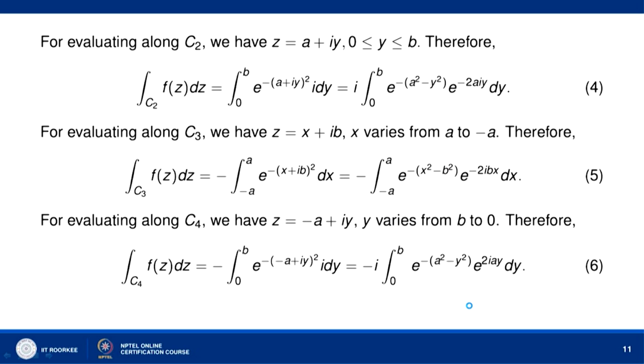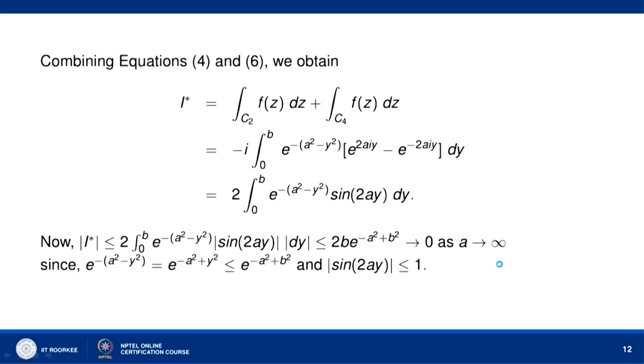Therefore integral over C4 f(z) dz is equal to minus integral over 0 to b. It was from b to 0. When we want to make it 0 to b, we put negative sign. So minus 0 to b e to the power minus z square, z is (minus a plus iy) whole square, dz equal to i dy. Okay. So this is minus i and then integral 0 to b e to the power minus a square minus y square, then e to power 2iay dy.